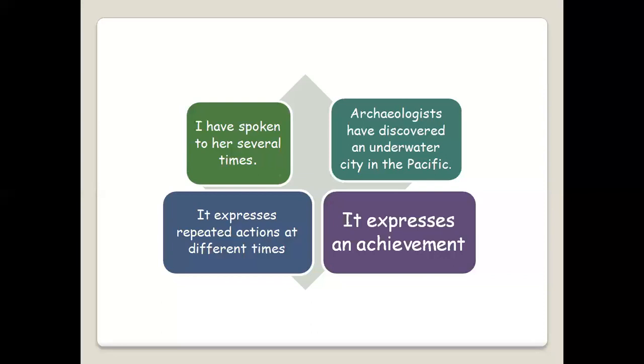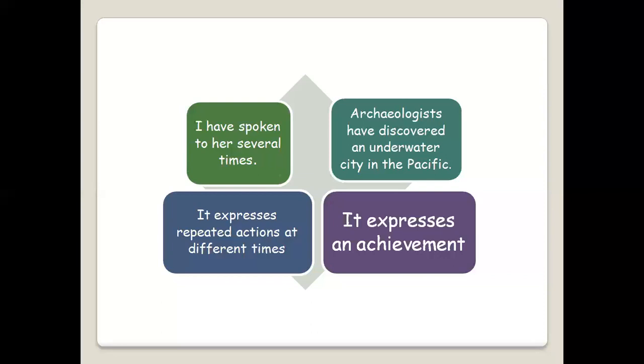I want to tell you that I've talked to this person at different times, maybe in the morning, afternoon and evening. So when I want to indicate a repeated action that happened at different times, I will use present perfect.